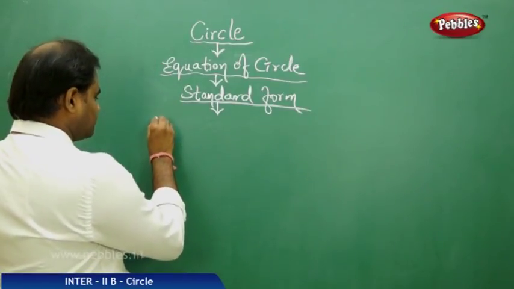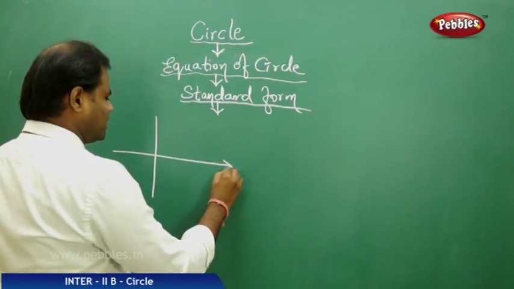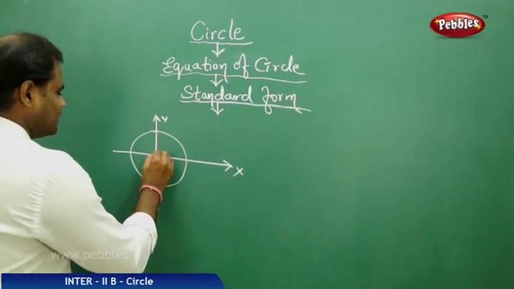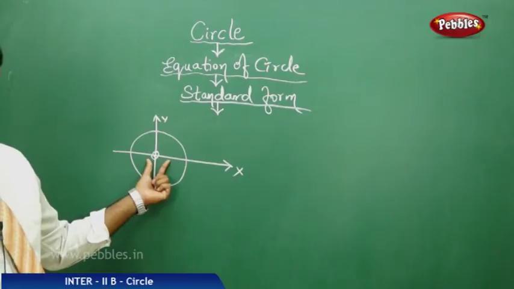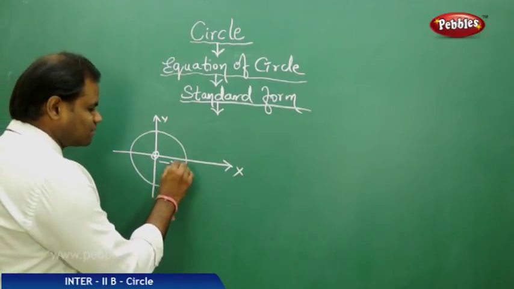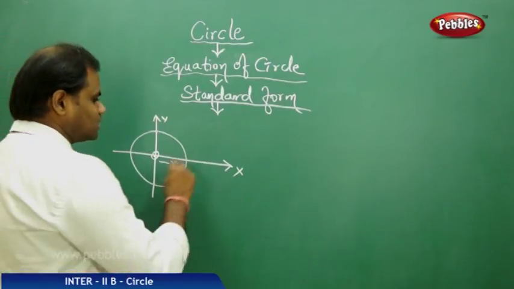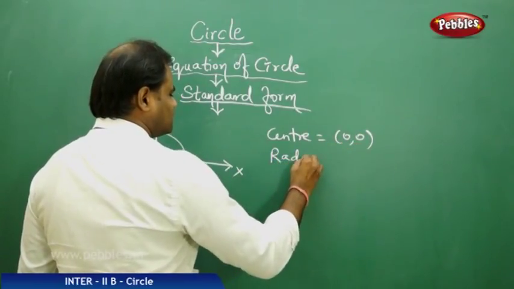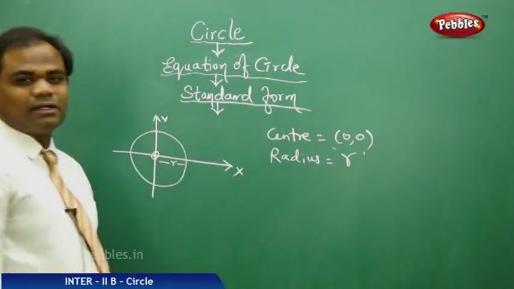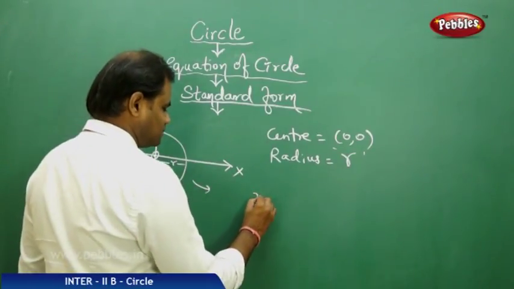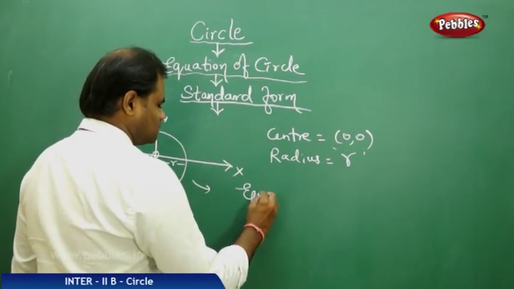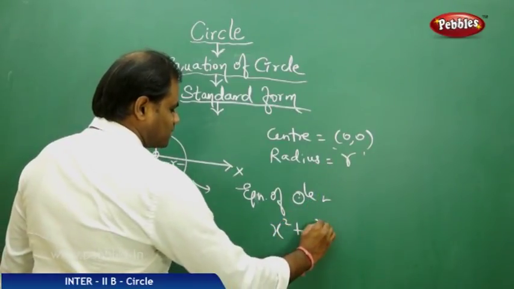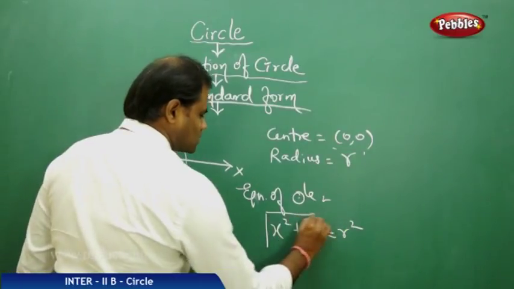That is, if I have an xy coordinate system where the circle is exactly at the center of the origin, and my radius is r, then a circle with center as origin and radius r is given by the equation x squared plus y squared equals r squared.